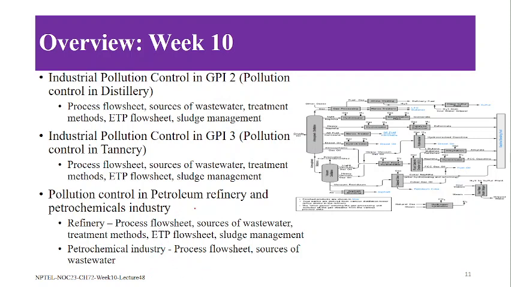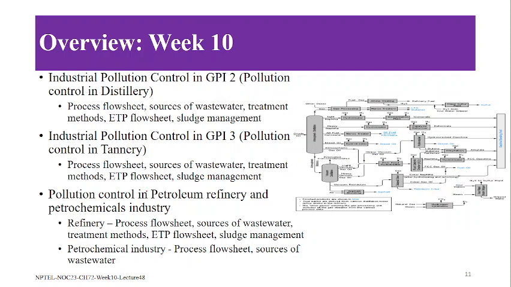So the different sources of wastewater here and the treatment methods, followed by the ETP flow sheet and the sludge which is produced, how to manage that. And as this wastewater as well as the sludge contains a lot of chromium ions in it, the sludge is basically taken for the disposal through landfills.